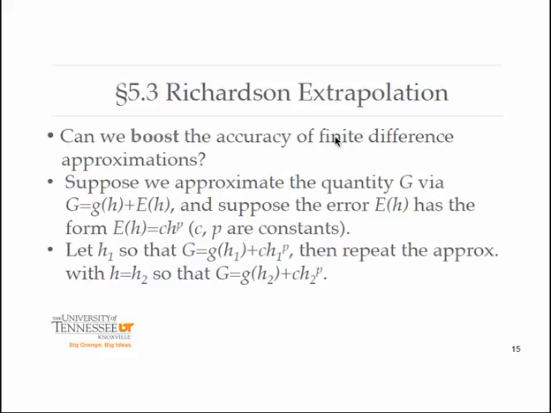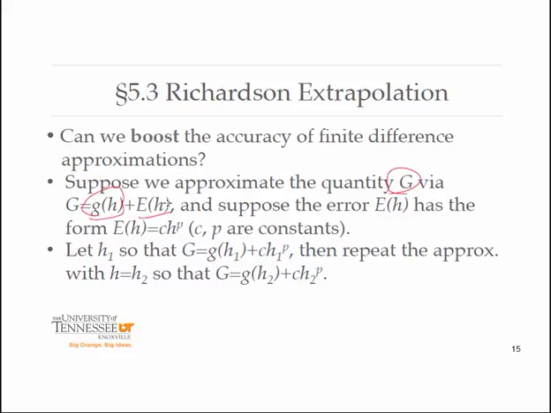So we'll start off with a generic representation of a process where suppose that we want to approximate some quantity g, and let's suppose that the formula or approach is that you get it by doing this particular approximation g of h, and then you have error associated with that.